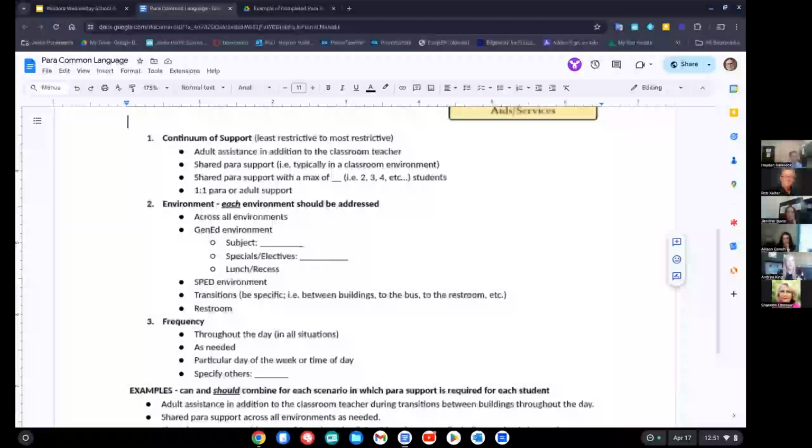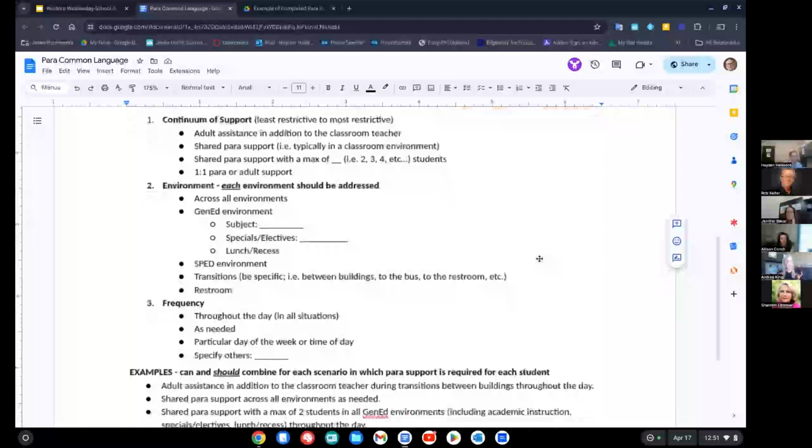So we have a student that I'm thinking of that has a 1-to-2 paraprofessional when in the general education classroom and in the special education setting. But during transitions and recess, they might need a 1-to-1 paraprofessional. So it's not just a blanket statement of what that support looks like. It's very specific for each environment.